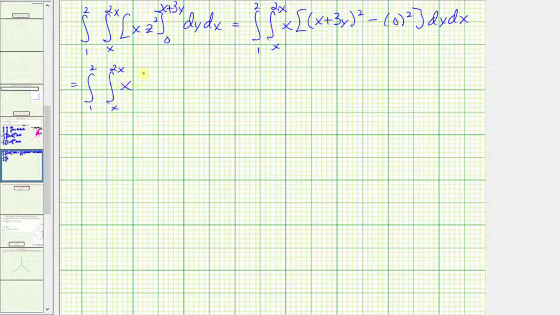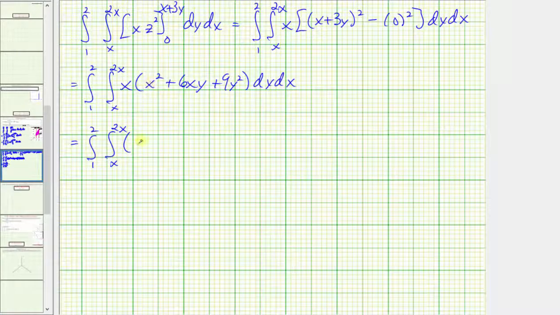So we're going to have x times the quantity x squared plus 6xy plus 9y squared. Let's go ahead and distribute the x. So we're going to have x cubed plus 6x squared y plus 9xy squared.